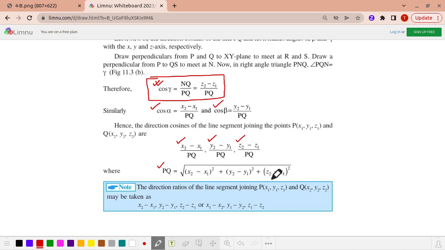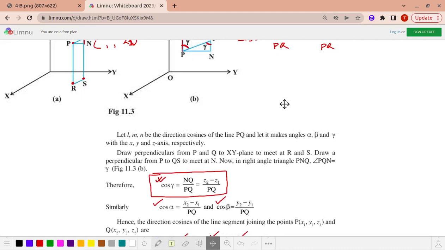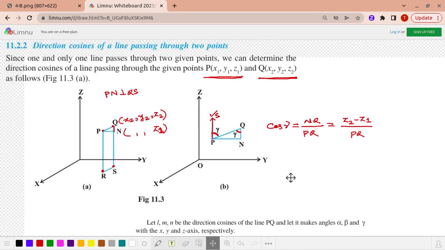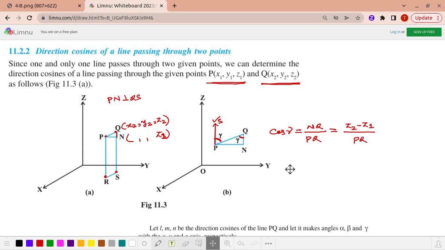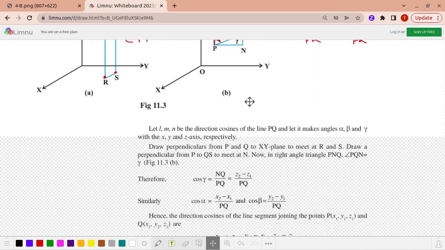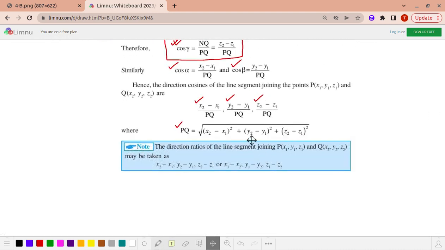So dear students, one important point here is that we found the direction cosines of the line joining P and Q. The direction cosine of a line means it has to be a directed line. In this case the directed line is from P to Q, and the result is x2 minus x1 by PQ, y2 minus y1 by PQ, z2 minus z1 by PQ.